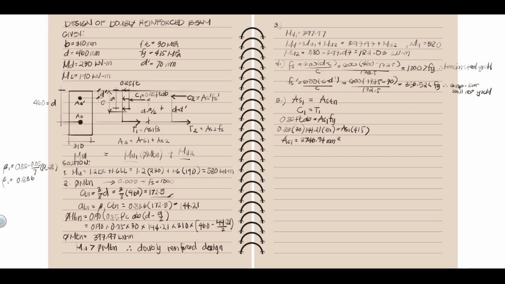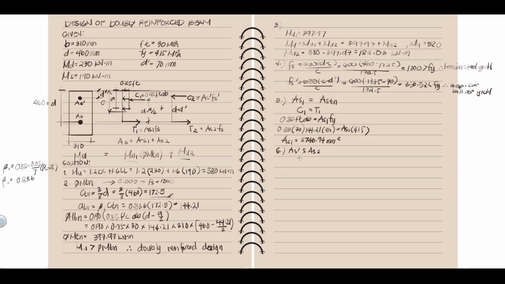Okay, so 2746.94. Okay? So next is after solving AS1, solve na po natin yung AS prime and AS2. Okay? So first we need to get the relationship between these two. Okay?